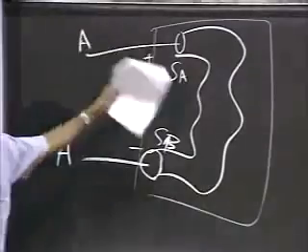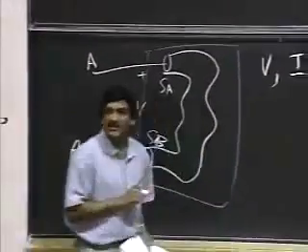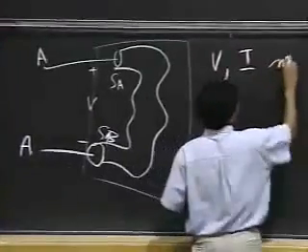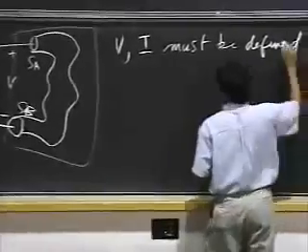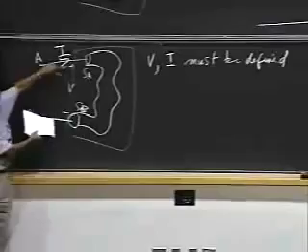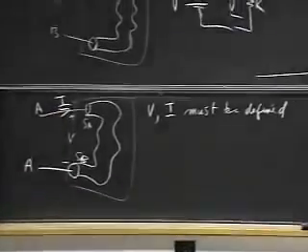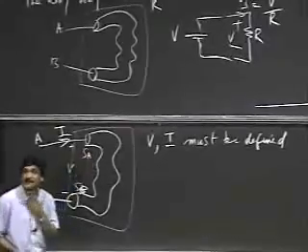Notice that in order for this to work, V and I need to be defined. If I give you a random object, and I don't tell you anything else about it, it's not clear I can do that.